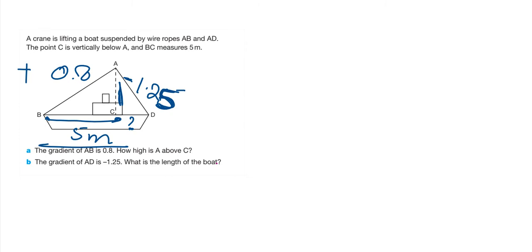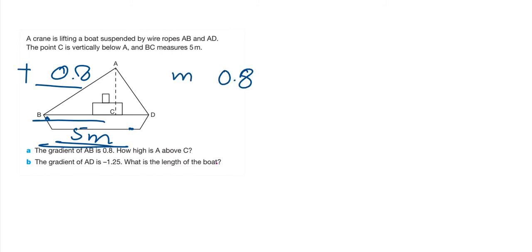First of all, we can easily find the height by using this slope and this length. So the slope is given as 0.8, just write it as m1, and that's equal to AC over BC.